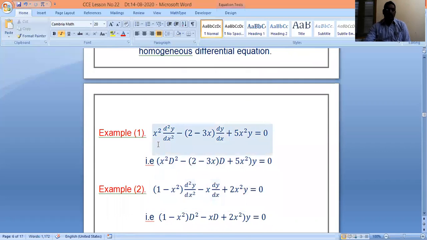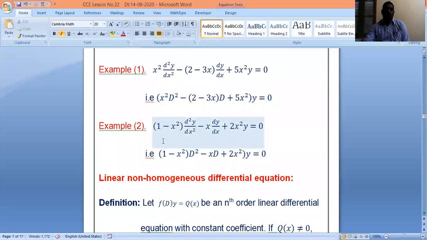For example, x^2 d^2y/dx^2 - (2 - 3x) dy/dx + 5x^2 y = 0. That is, in operator form, (x^2 D^2 - (2 - 3x) D + 5x^2) y = 0.